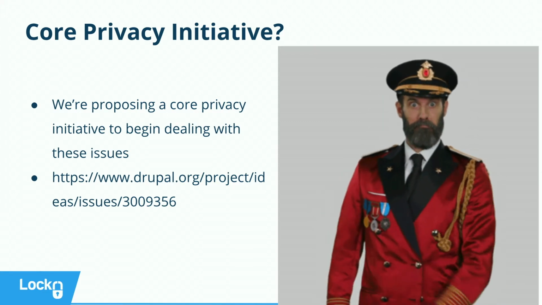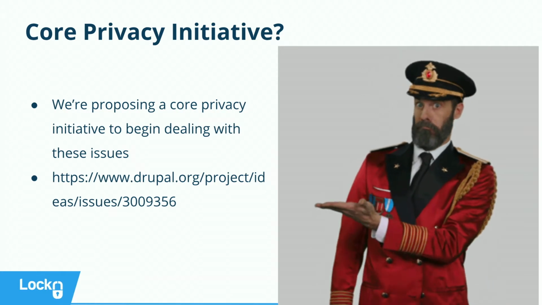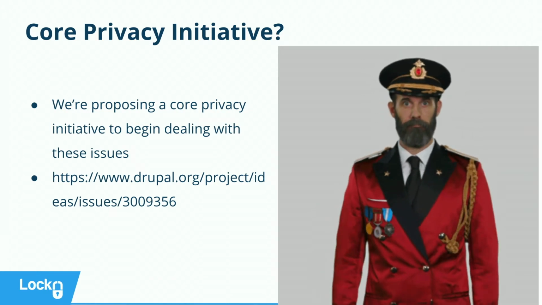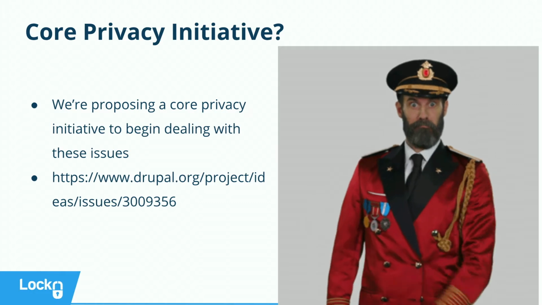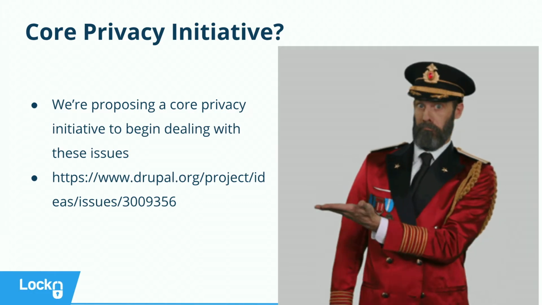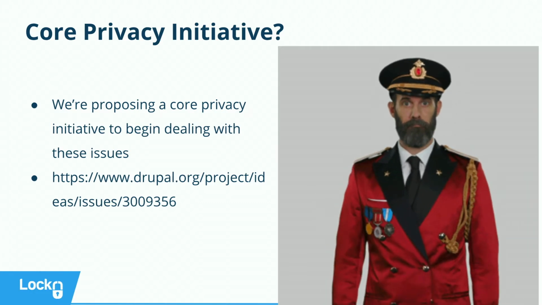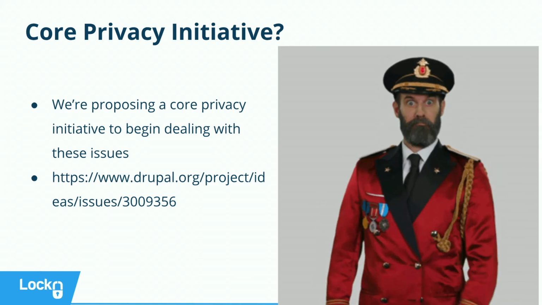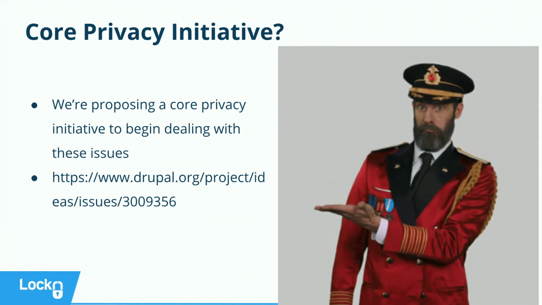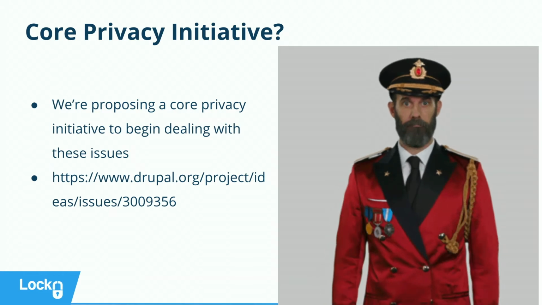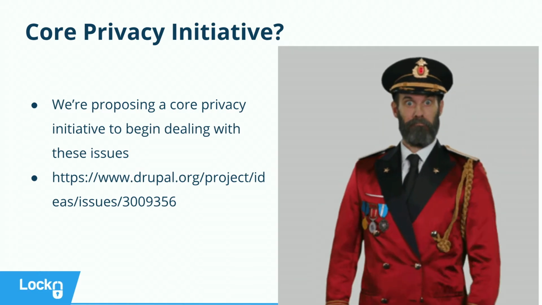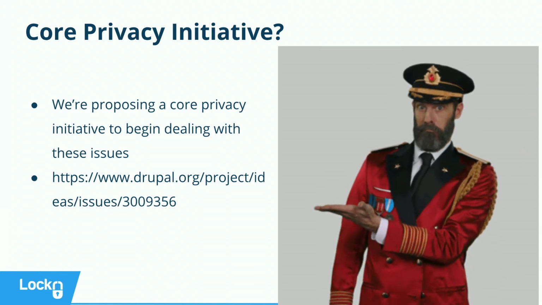We are allowing plugins now to declare into core, this is the data that I'm going to be siphoning off of your users and sending to somebody else. And that now can be compiled into a single screen in core, where you can then either build a privacy policy off of it or use it to inform your privacy policy. So all of a sudden, somebody in the marketing department installs a plugin that you don't know about that's siphoning data off to a third party, you now have a centralized place for that.